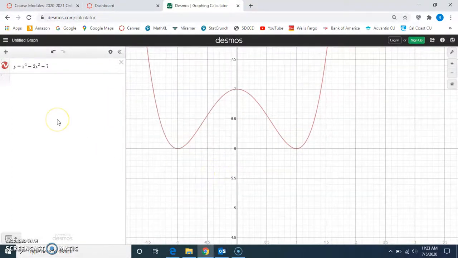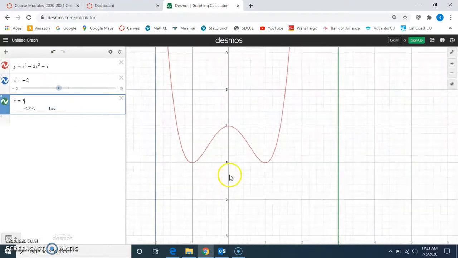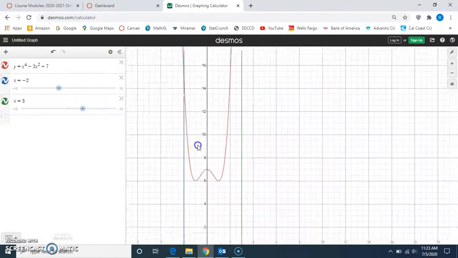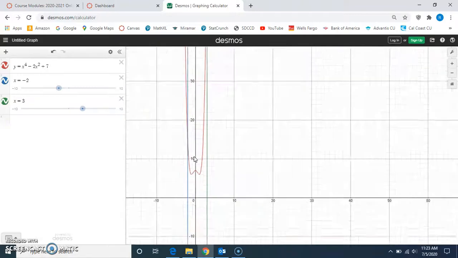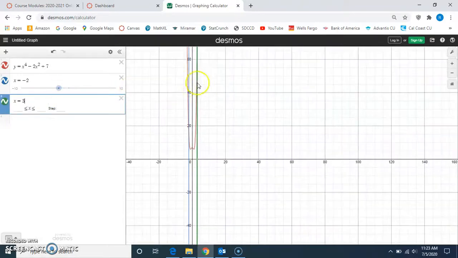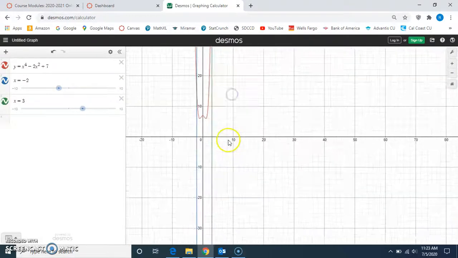Let's look at the domain. We can draw these two vertical lines at x equals -2 and at x equals 3. I need to zoom back out again. Okay, so there's -2, there's 3. We'd have to zoom out a long way before we got to where the 3 passes, so I think I'm going to zoom back in.